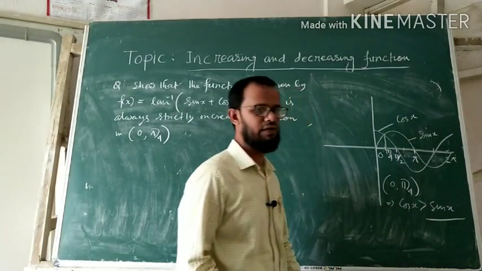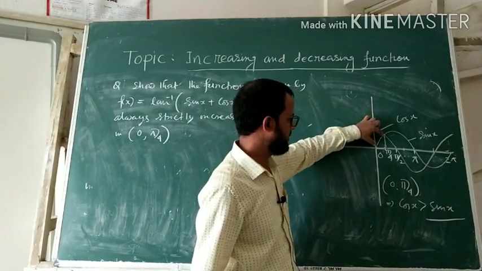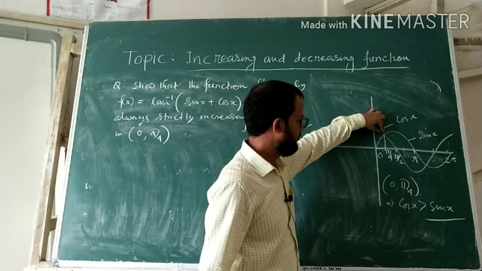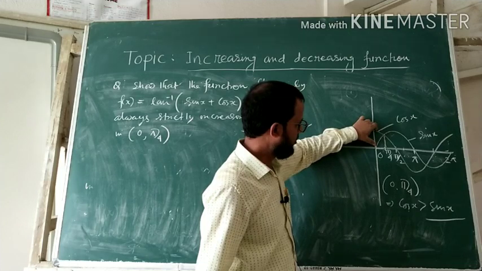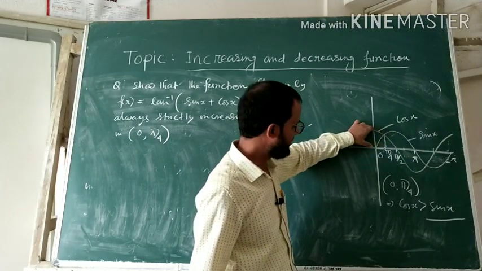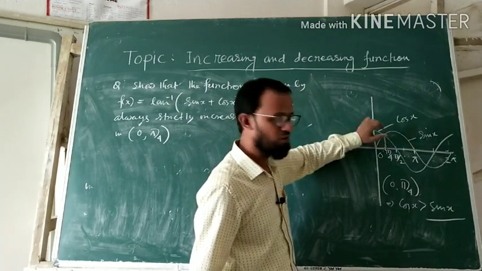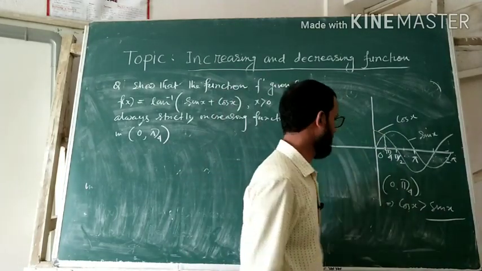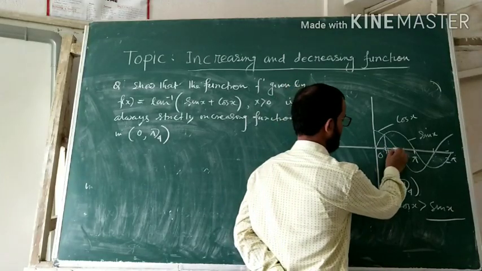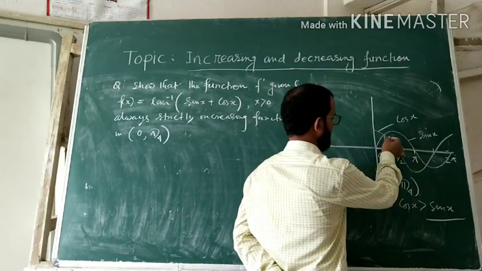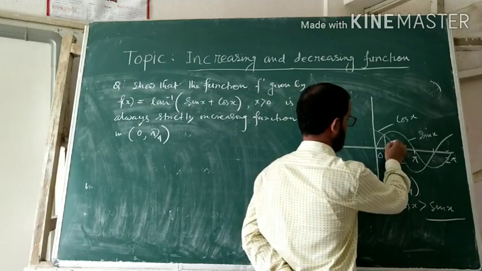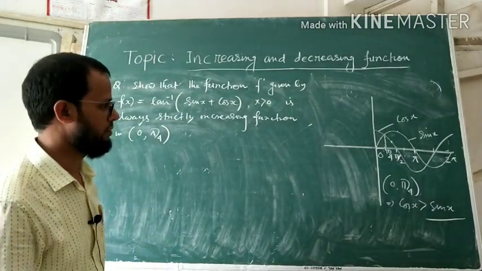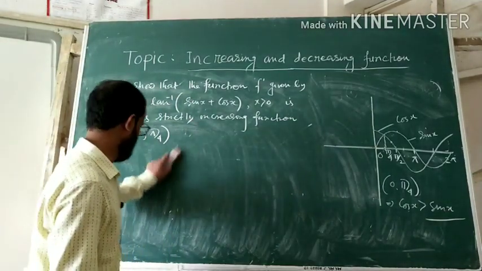From the graph it is very clear that the value of f(x) for cos is greater than for sin, so cos x is greater than sin x in the interval 0 to pi/4. But if you consider the interval pi/4 to pi/2, cos x is less than sin x. This is very important and will be required in this problem, so I just explained it to you.